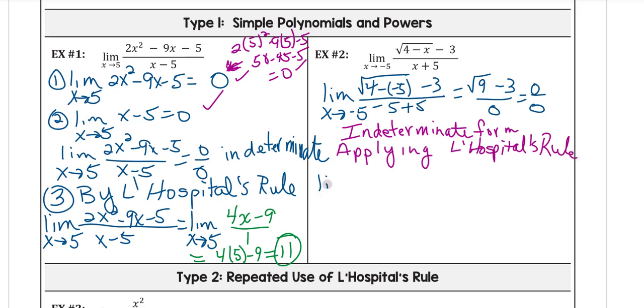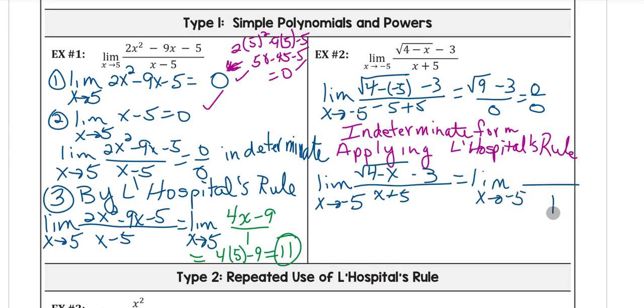The limit as x approaches negative 5 of our original rational function is going to equal the limit of the derivatives. The bottom's easy, that's 1.